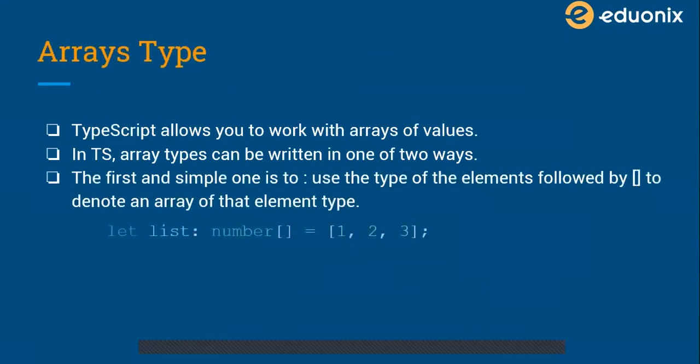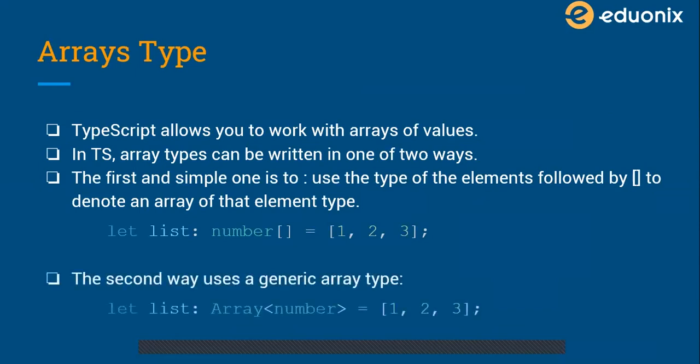Okay, now for arrays. You must already know what arrays are. Arrays are just a set of elements, and generally, most arrays are of a specific type, right? So you can set that up as well. There are two ways to set up array types in TypeScript.